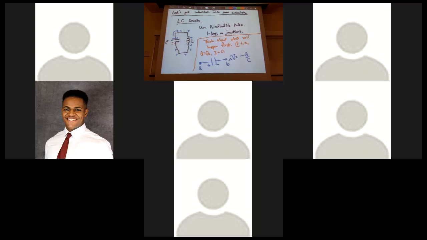And for an inductor, we have the back EMF, which means that if the current's going in this direction, so this is A, this is B, my inductor, then my potential difference across here is equal to negative L times di dt.